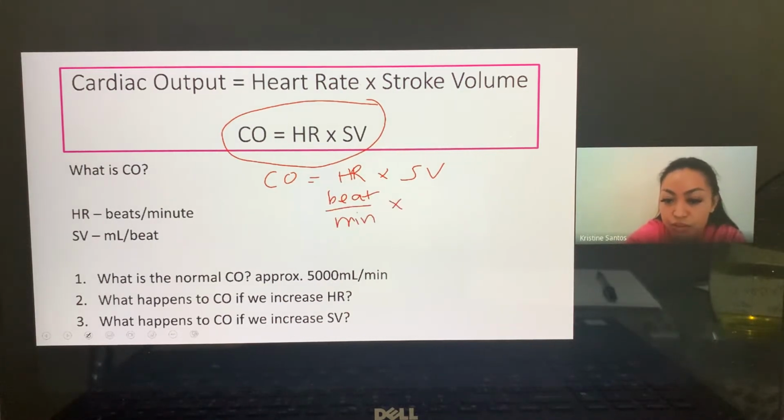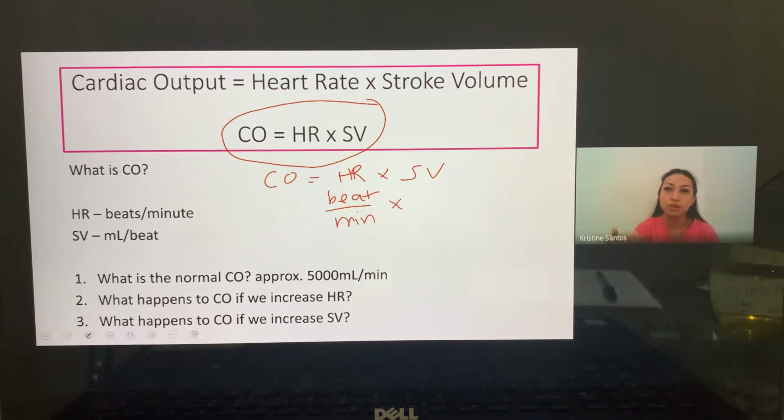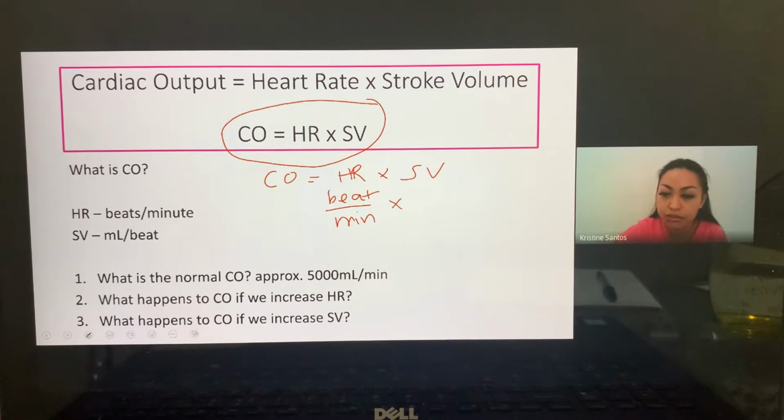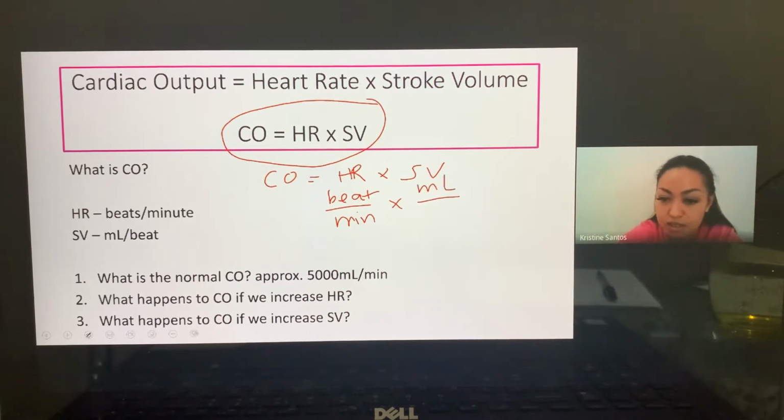And stroke volume is essentially the volume of blood that gets ejected by the heart, more specifically by the ventricles, in one heartbeat. So again, stroke volume is the volume of blood that gets ejected out of the ventricle in one beat. Volume we measure in milliliters or liters if you want, but let's just put milliliters. And I told you it's per beat.